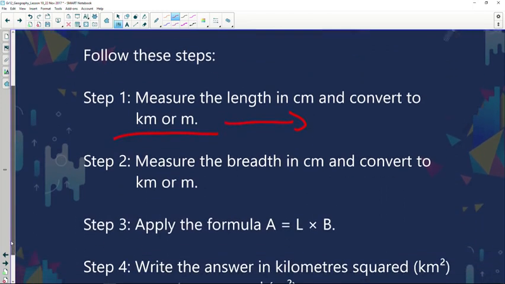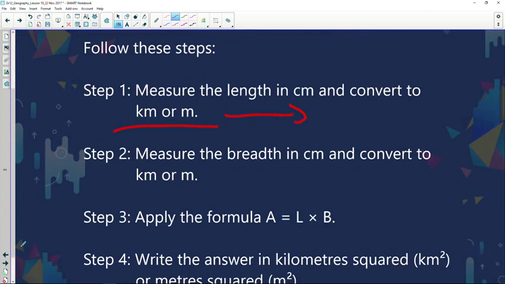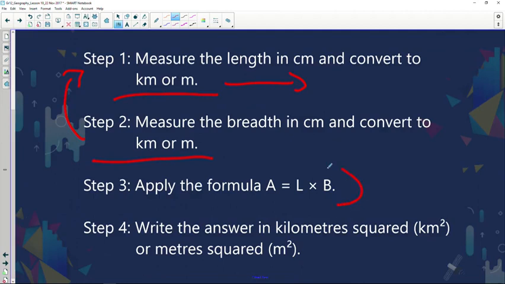Your second step: measure the breadth in centimeters and convert it to kilometers or meters. Same procedure as step 1. Then you apply the two to the formula, area equals length times breadth. And lastly, write the answer in square kilometers or square meters.